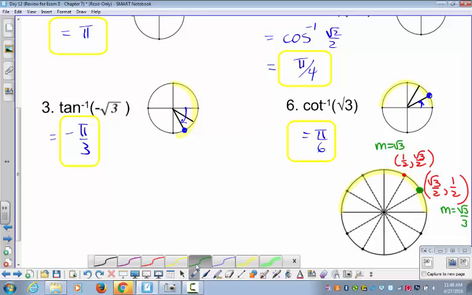That makes sense? So if we want the cotangent to be root 3, we want the tangent to be 1 over root 3. If the cotangent of some angle is root 3, that means the tangent of that angle is 1 over root 3. When we rationalize that, we get root 3 over 3. Good? And that is the less steep terminal ray.